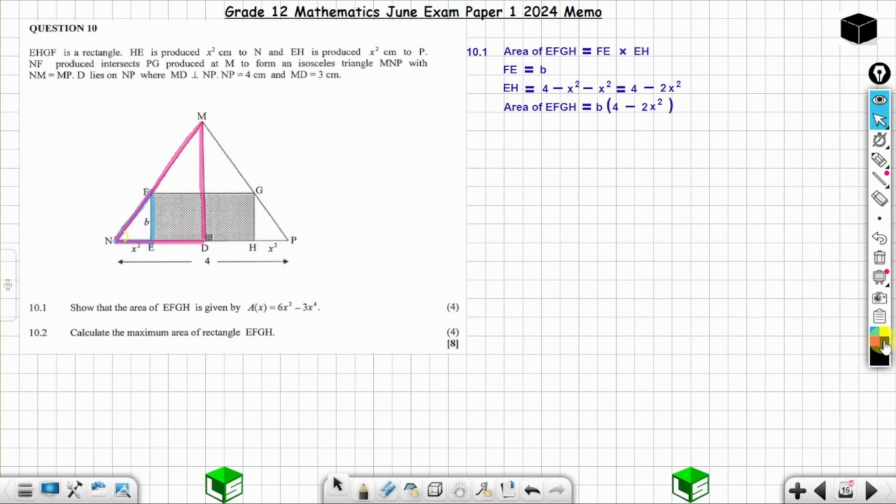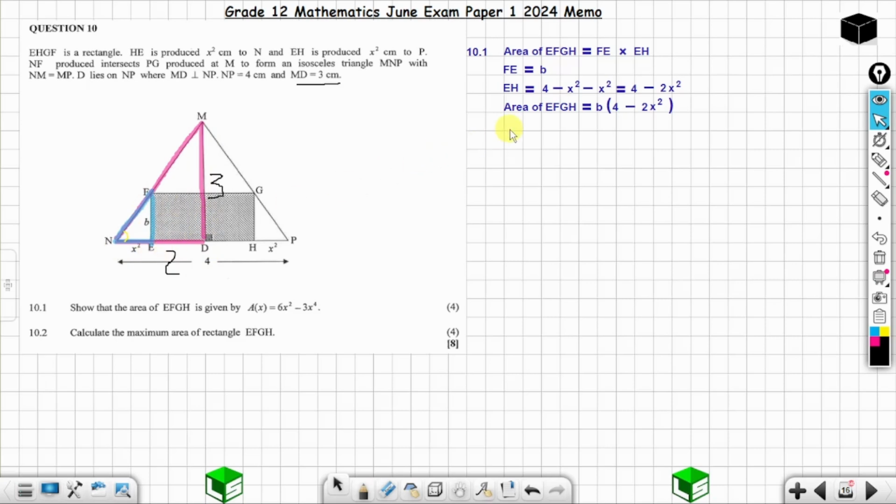This side is equal to 3. This side you are given, and this side ND is equal to 2, because from N to P you have 4. Now from N to D you have 2. So using proportionality you have ND over MD is equal to NE over FE.